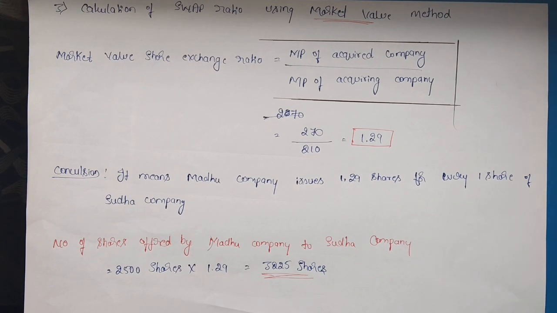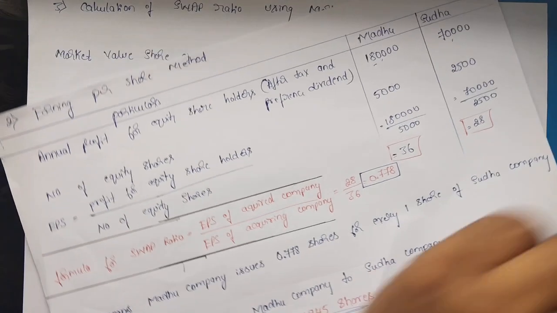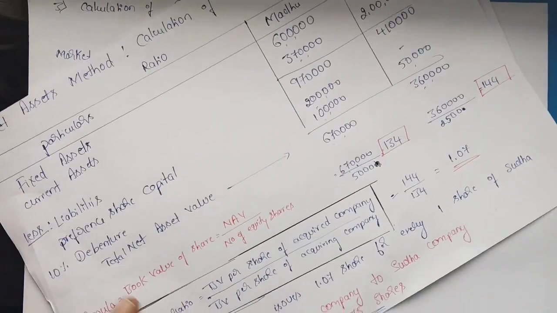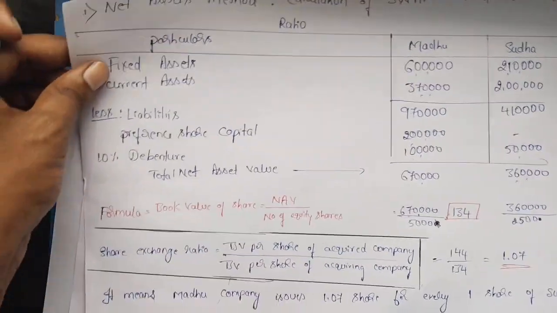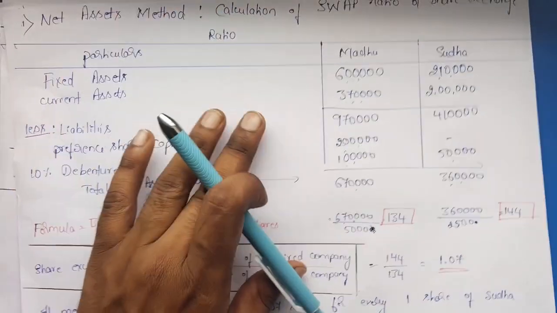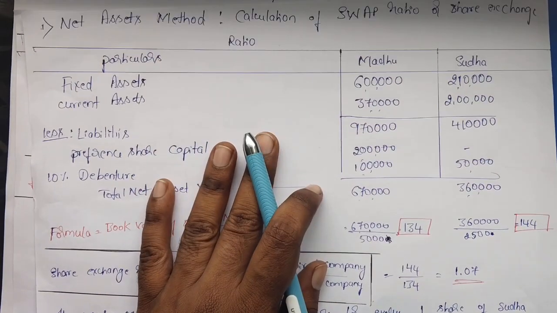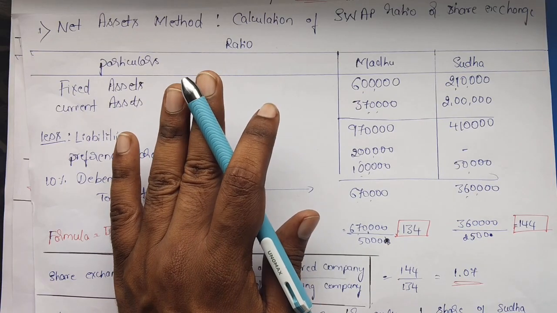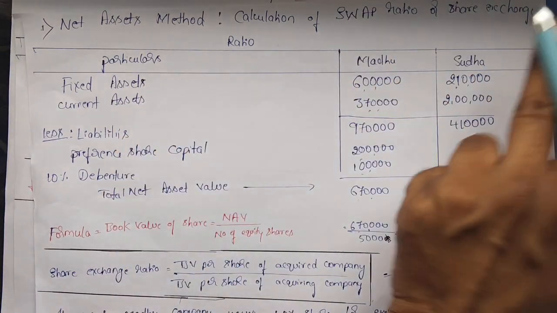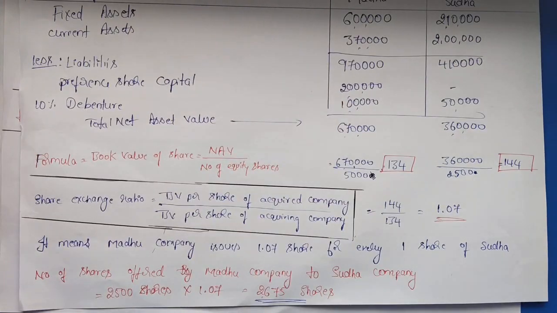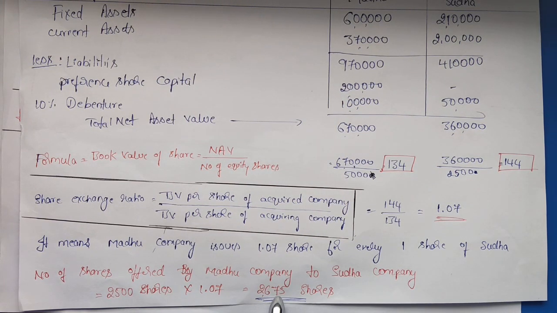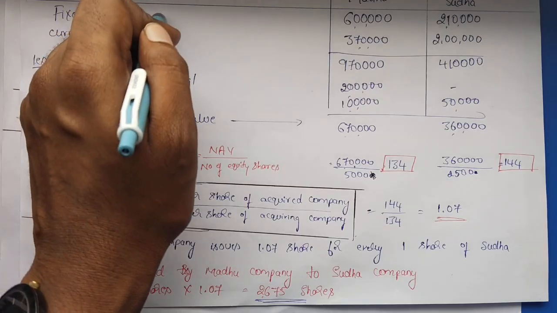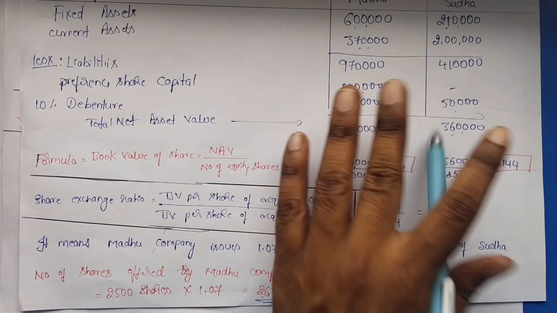Now let's consider the three methods. First, the net assets method: if the company follows the net assets method to acquire the Sudha company, they have to give 2,675 shares because under this method the ratio is 1.07.